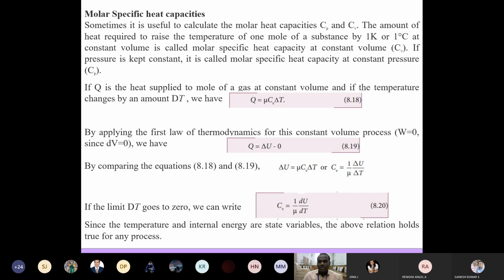Since the temperature and the internal energy are state variables, the above relation holds true for any process.